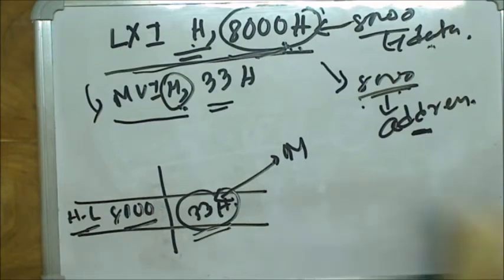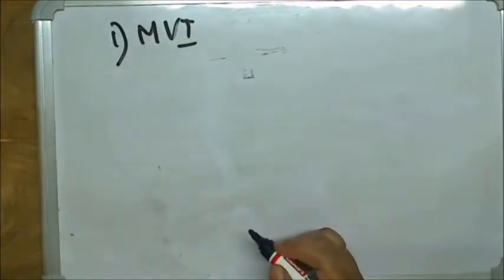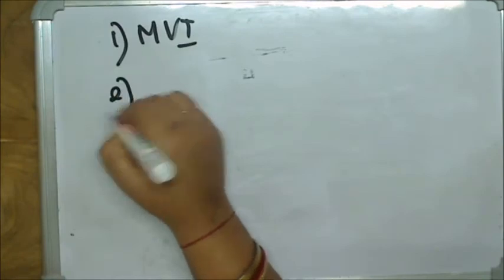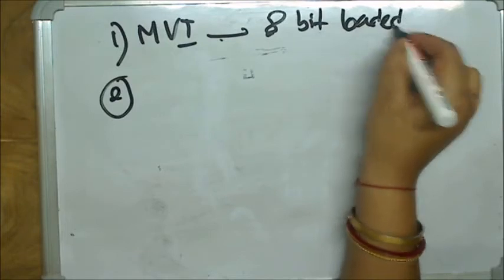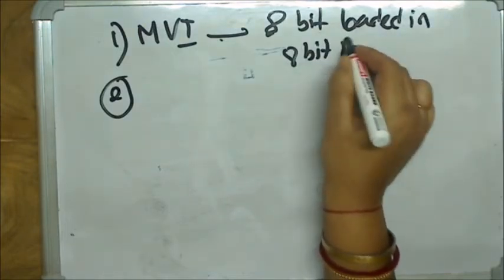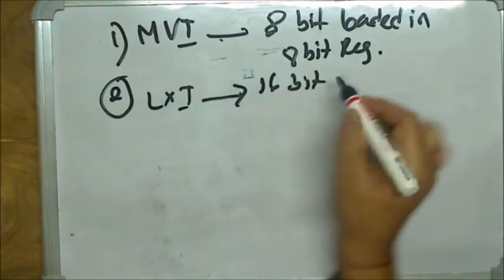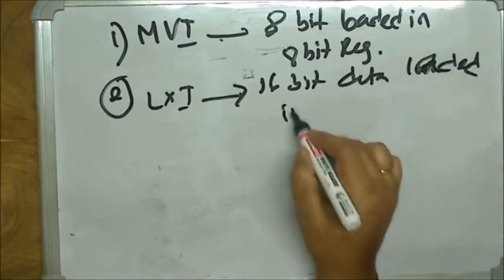So, for the last time, I am revising the three instructions. In the first instruction, MVI, we were transferring 8-bit data into an 8-bit register. In LXI, 16-bit data was loaded into a 16-bit register.